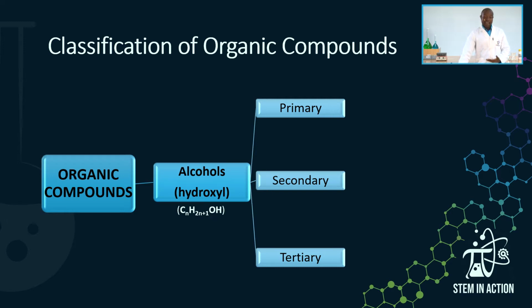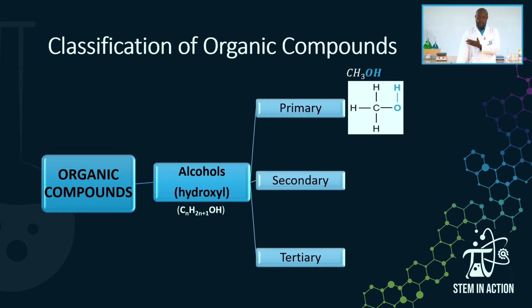And alcohols are again divided into three separate classes: the primary alcohols, secondary alcohols, and tertiary alcohols. And the difference, just as we find in the alkyl halides, is on the carbon that is bonded to the functional group. This is methanol, which is the simplest alcohol.